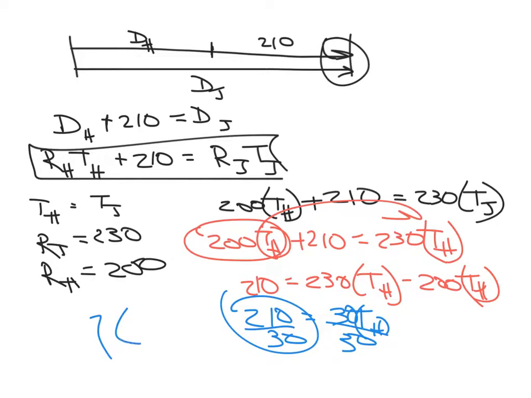So 7 is the time of Harry. So in 7 minutes, Janae will be one lap ahead of Harry. And that's it for lesson number 99.